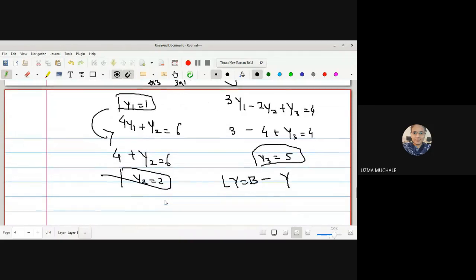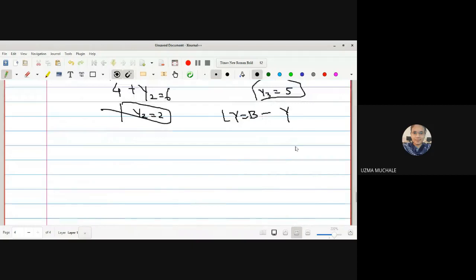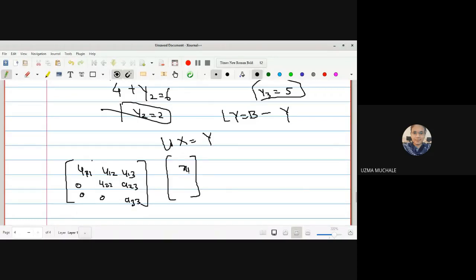Now, having the values of y, let us solve the system Ux is equal to y. As we know the values of y, we can solve the system. Now we know the values of U also. U is an upper triangular matrix: u11, u12, u13, 0, u22, u23, 0, 0, and u33, into x1, x2, x3.